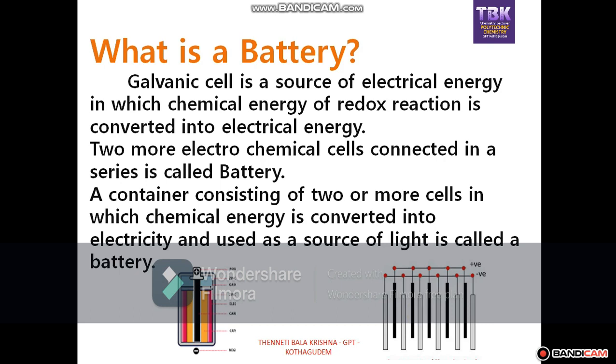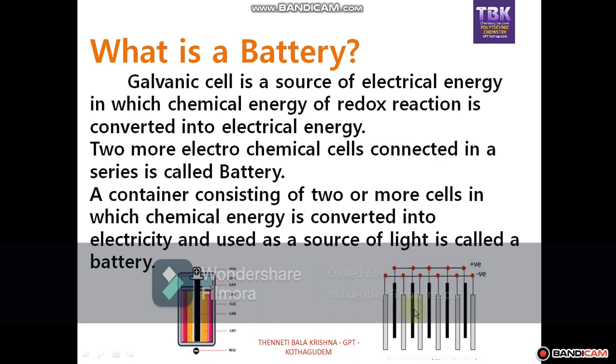A cell contains only one anode and one cathode, whereas a battery contains many anodes and many cathodes. That is the main difference between a cell and a battery.